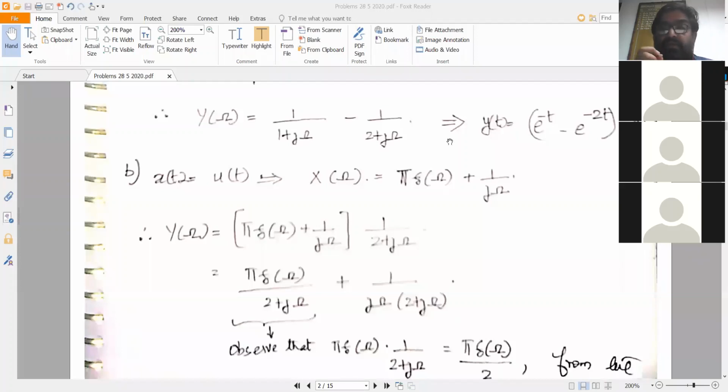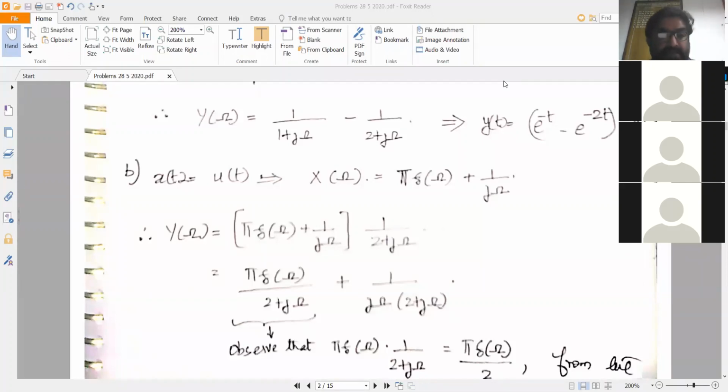Whereas if you had taken the Laplace transform of u of t, it would have been equal to 1 by s. Now if you substitute s by j omega, you will only get 1 by j omega. So you will not get the frequency response of the unit step function.